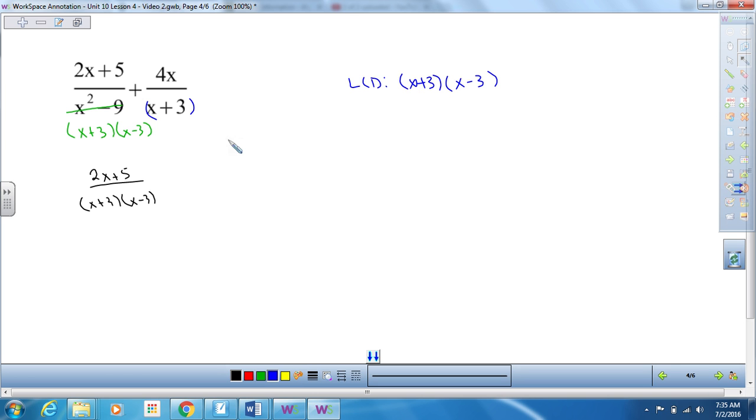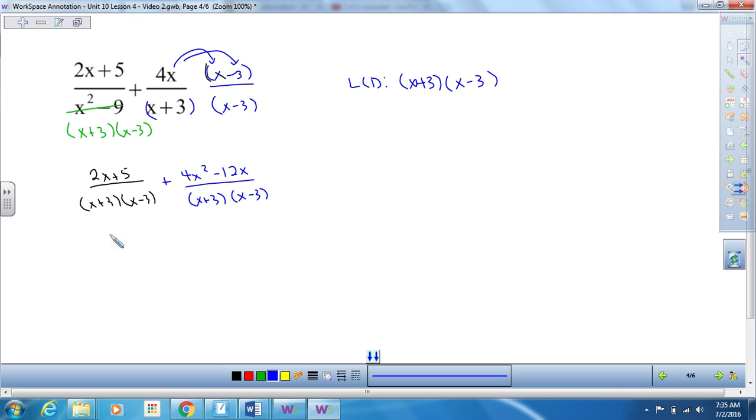The second one is missing the x minus 3. Okay, so I have to distribute. That's 4x squared minus 12x over x plus 3, x minus 3.